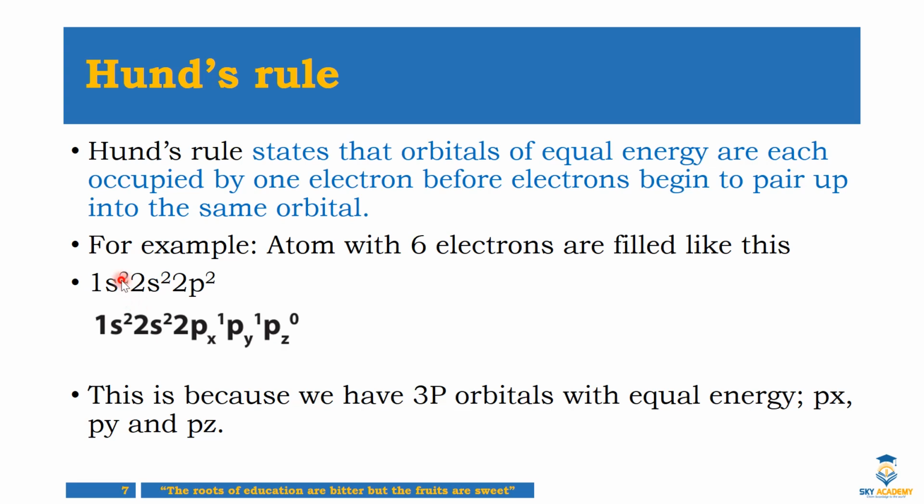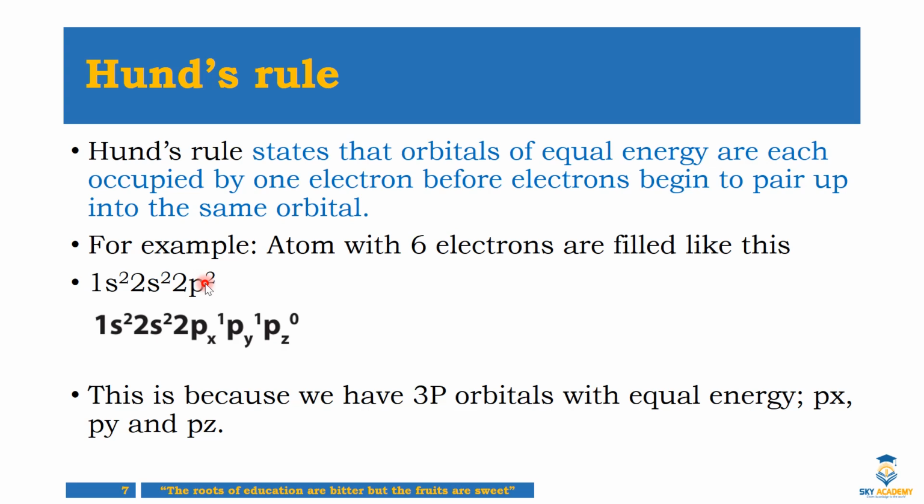Then 2s, you also put 2 electrons, since we have said the s orbital accommodates a maximum of 2 electrons. Then if you come to 2p, we count: 2 for 1s, 2 for 2s, and the two remaining electrons are going to be put in the p orbital.